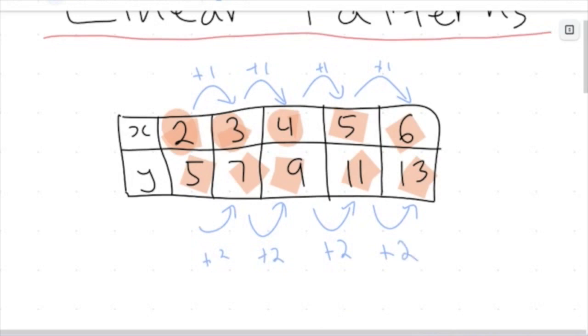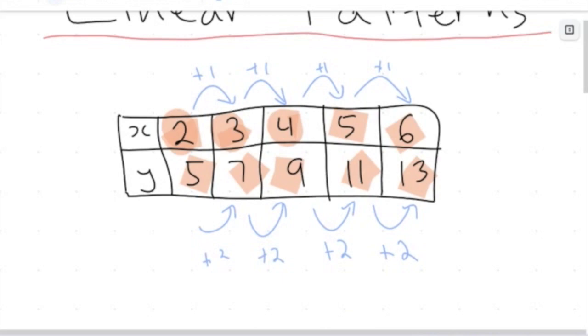Now, what we have here is our y is changing by 2 for each change of 1 in x. Now, that may sound familiar to some of you, hopefully, if you've watched the last videos. This is the definition of the gradient. So the gradient tells us a relationship between y and x, where if x goes up by 1, what does y go up by each time?